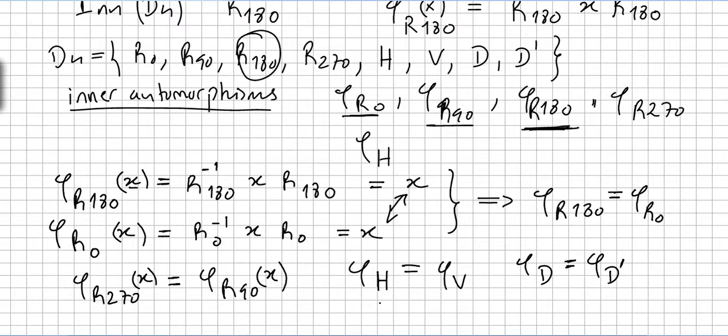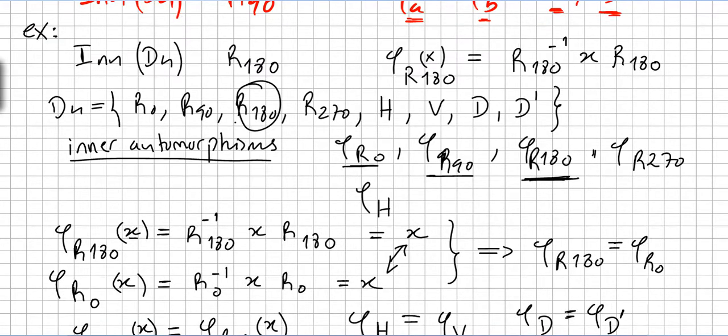So if we want all the automorphisms, taking these elements that repeat, we have phi of zero rotation, phi of rotation of 90 degrees, phi of the main diagonal, etc. You check which one repeats and which one doesn't, and you'll get the whole list of the inner automorphisms of D4.